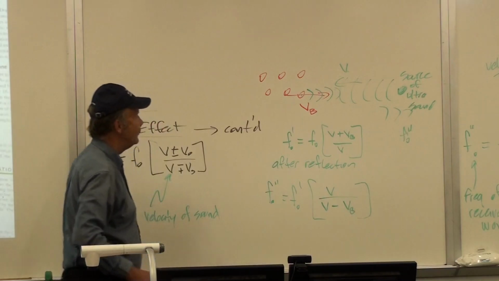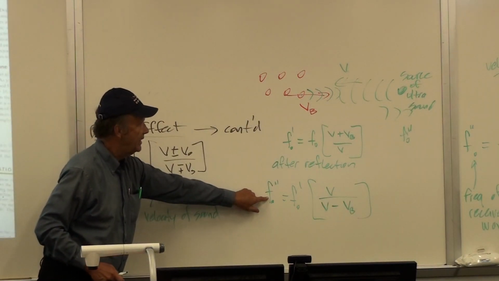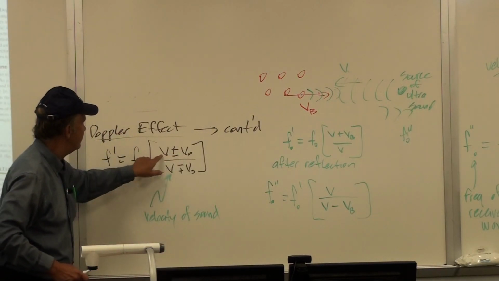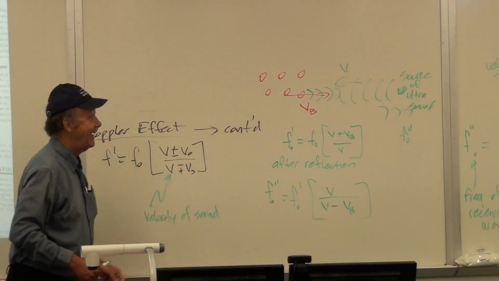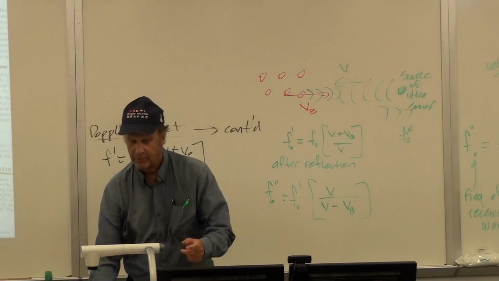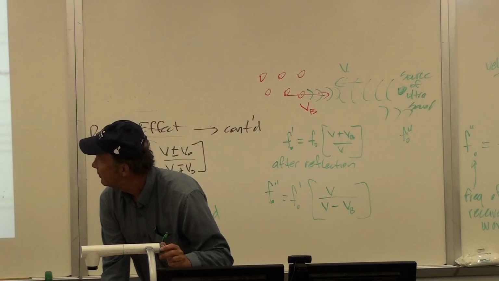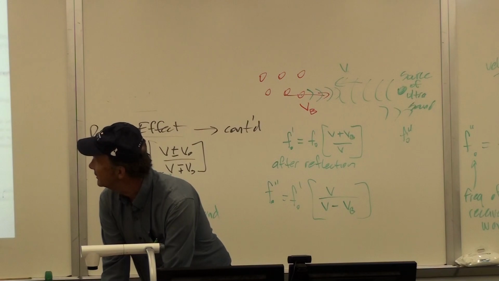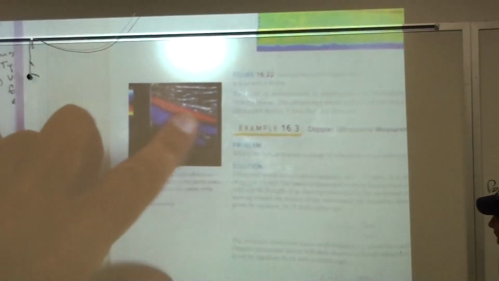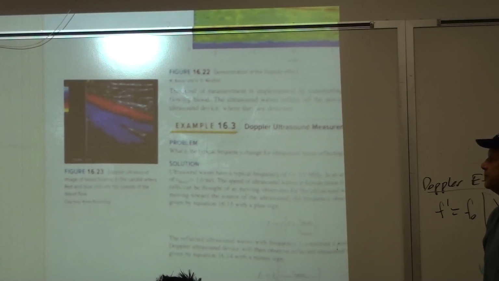And so we use that equation for the reflected wave, which is what comes back to the ultrasound. So it ends up being a combination of V plus V blood divided by V minus V blood. And so that's the frequency shift that you're looking for when the ultrasound picks up an anomalous shift in the velocity, which is associated with the blood, in this case moving toward you.